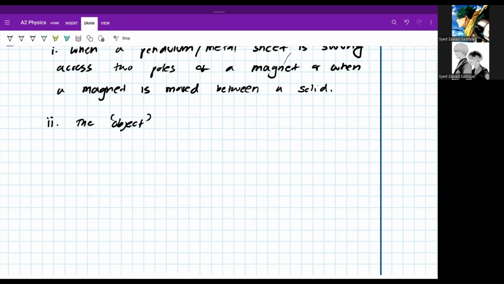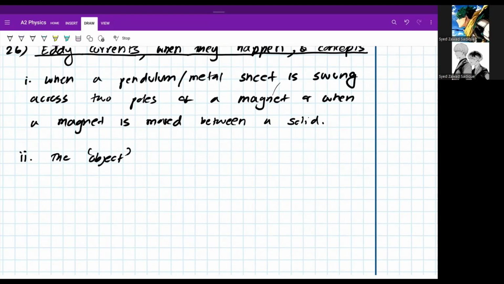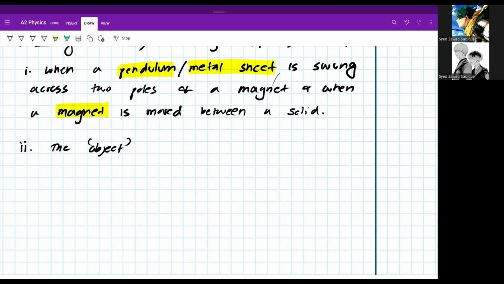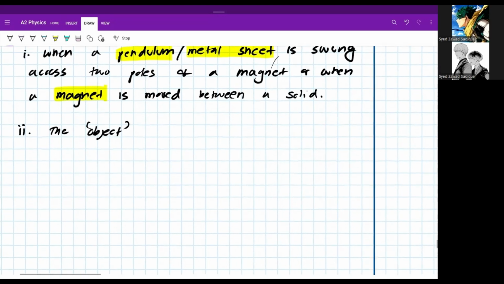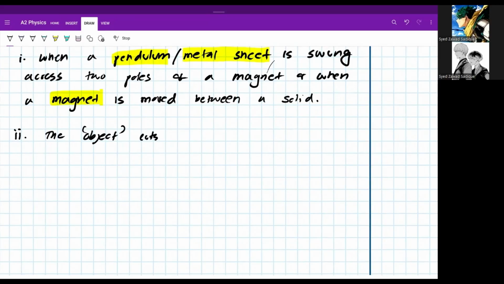Okay, so which object am I referring to? The objects are pendulum, metal sheet, or magnet, the thing that is moving. The object cuts the magnetic flux, causing an EMF to be induced.